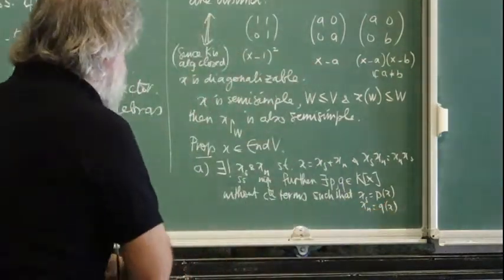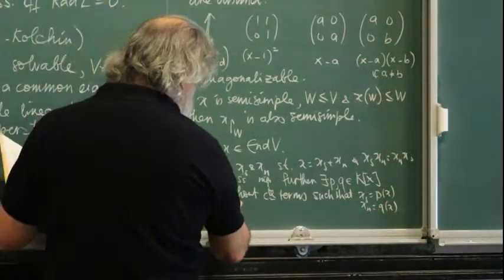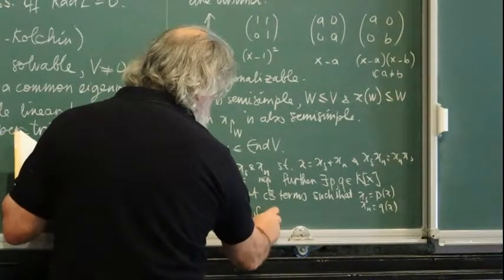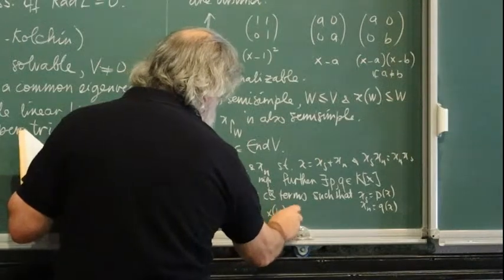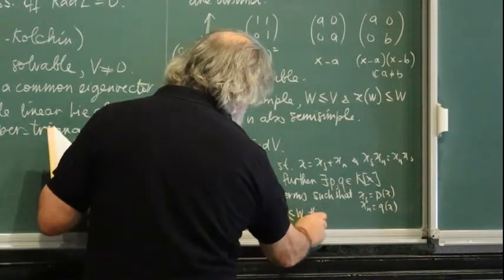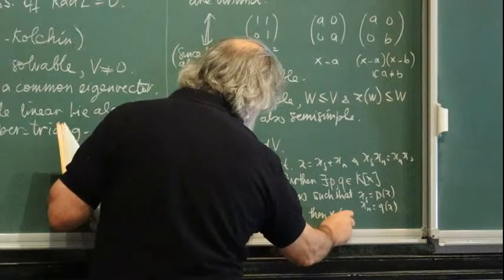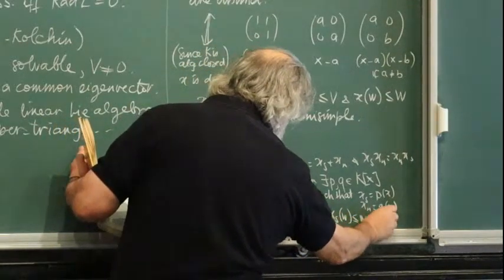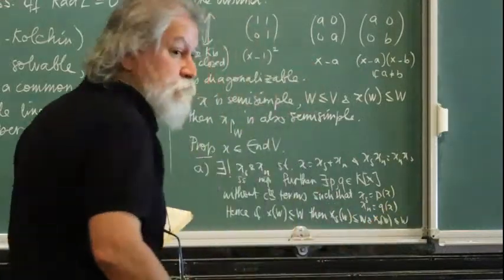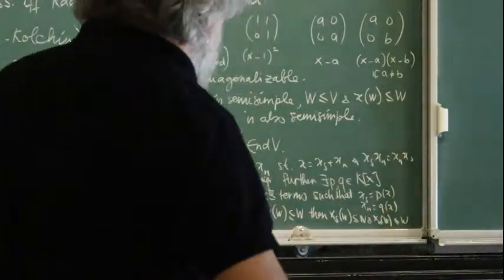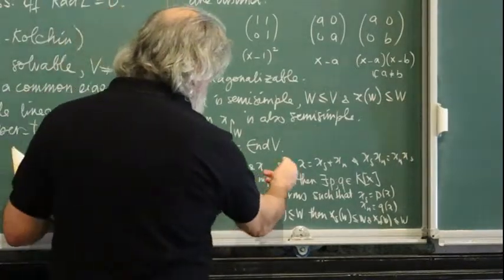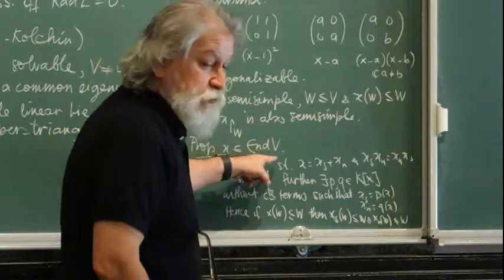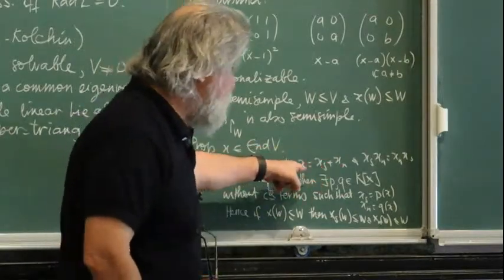This means that if X of W is inside W, then XS of W is also inside W, and XN of W is also inside W. So in other words, if you restrict X to W, suppose X takes W to W, then you have also the same decomposition.